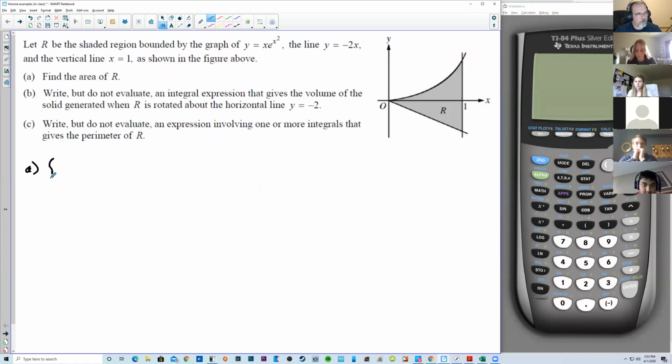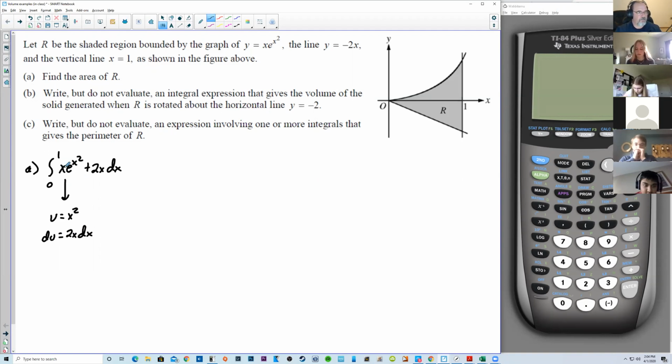So A, we're going to integrate from 0 to 1, of top minus bottom. So x e to the x squared, and then minus the bottom is negative 2x. So plus 2x dx. Now this is a non-calculator problem. So for just this piece right here, we're going to do u is equal to x squared, and du is 2x dx.